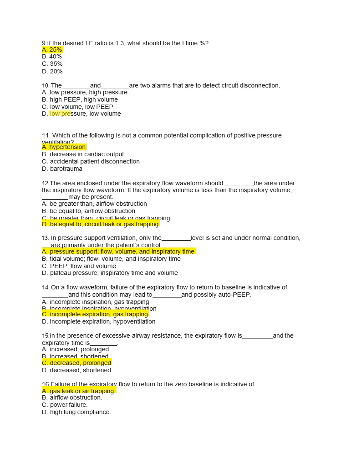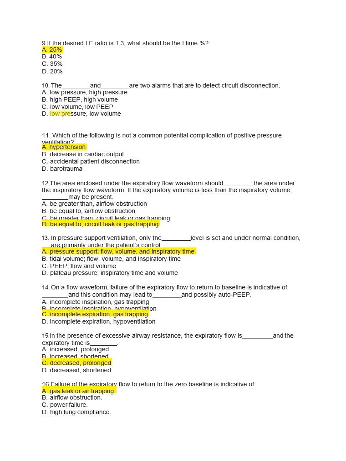The ninth question, if the desired IE ratio is 1:3, what should be the I time percentage? So IE ratio 1:3 means if there are 4 parts, the first one part will be for inspiration and the remaining 3 parts will be for expiration.